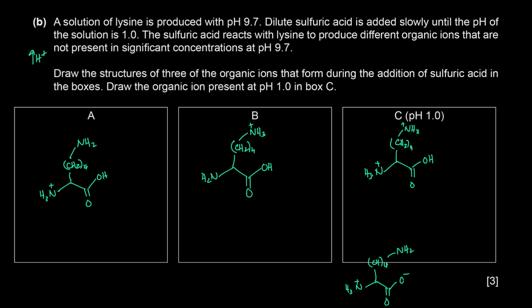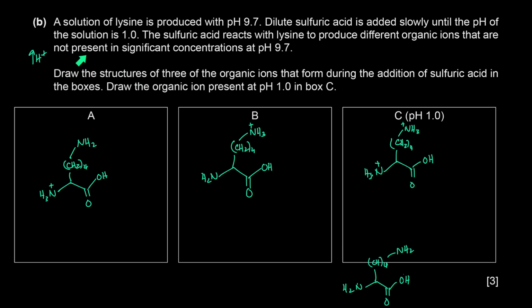Another way to visualize this, guys, rather than looking at the zwitterionic form, let's just look at the regular form of this amino acid. So we have an NH2 and an OH. Now this is the structure of the amino acid at pH 9.7. It's neutral. You can say it's a zwitterion which has O- and NH3+. Again, electrically the overall charge is still 0.